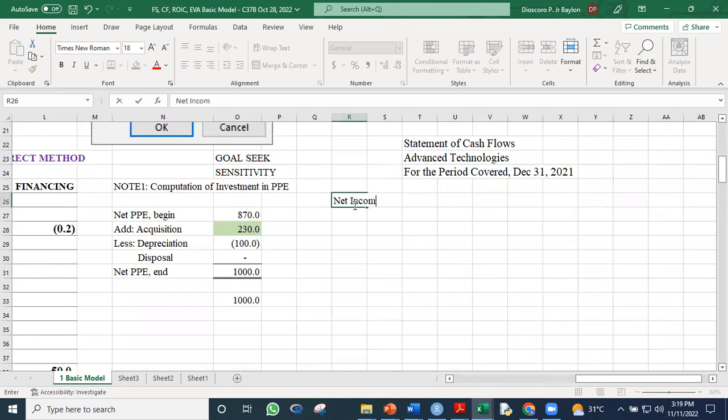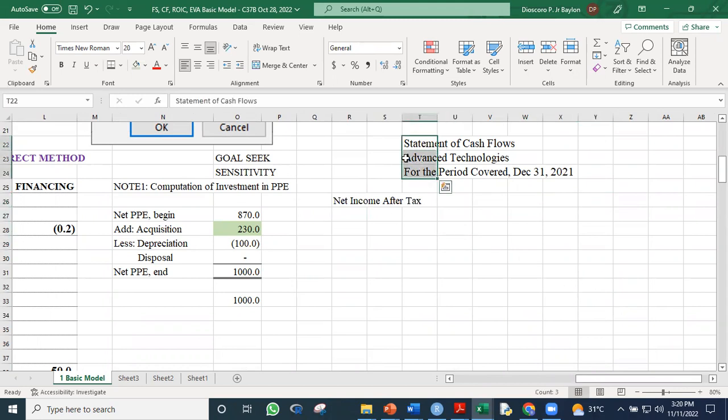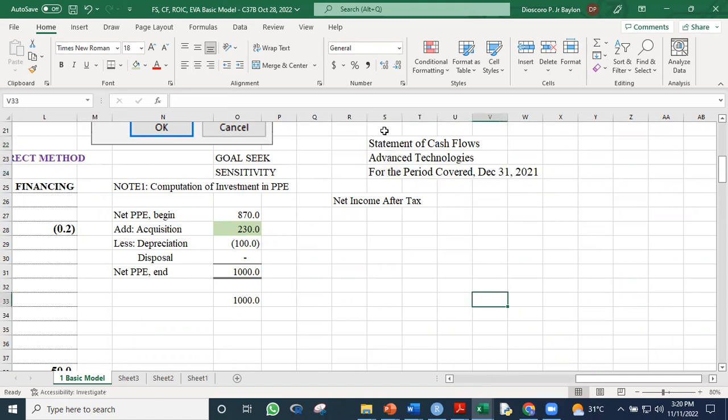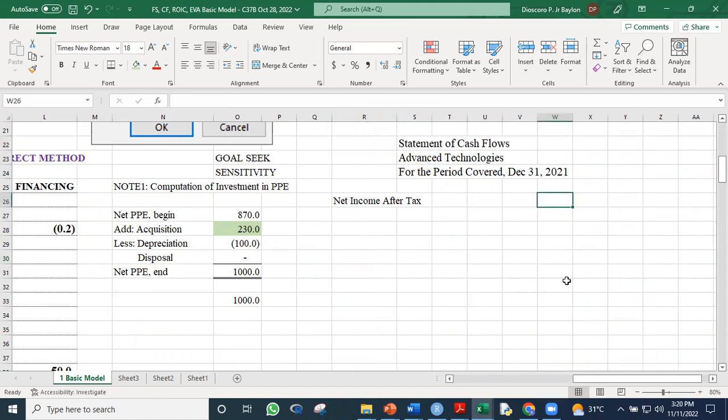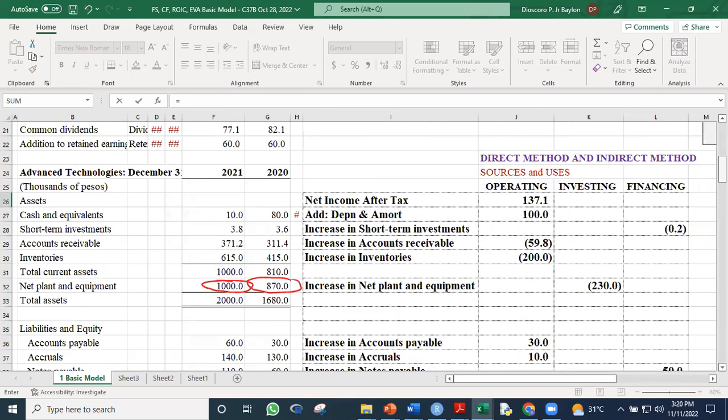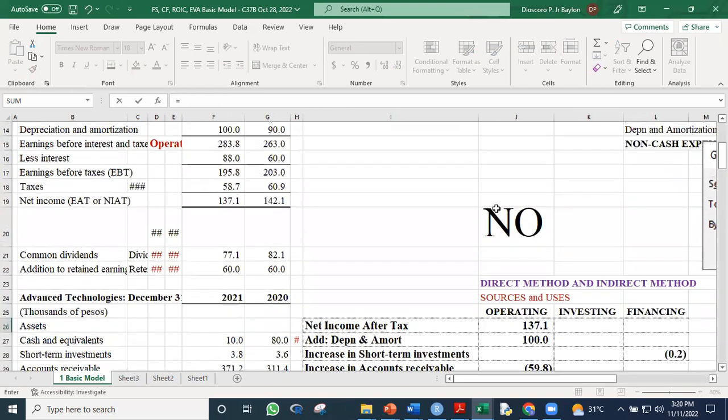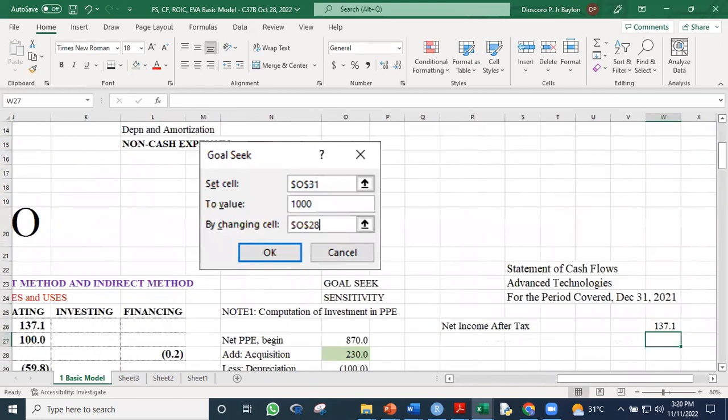Whatever we did in our pro forma, we're going to do here. So our net income after tax, and this is equal to, we get this from our income statement. This is our net income after tax.